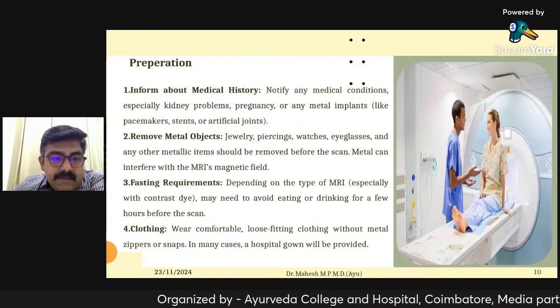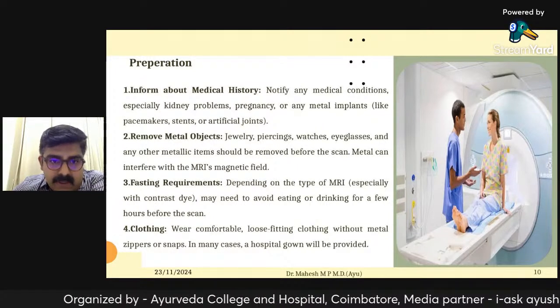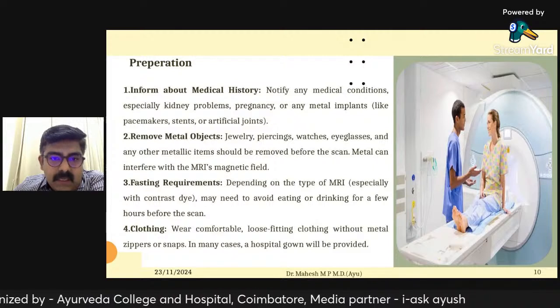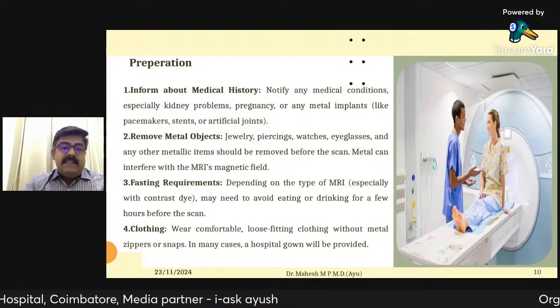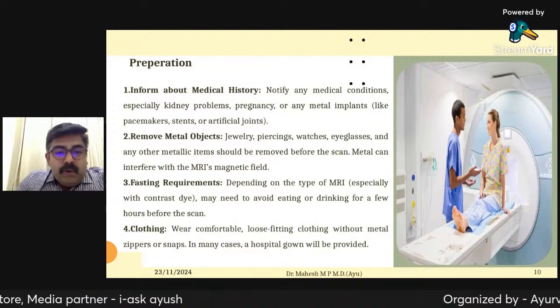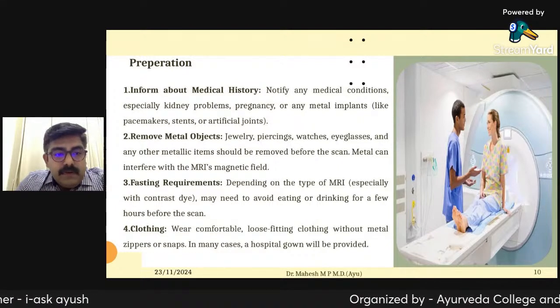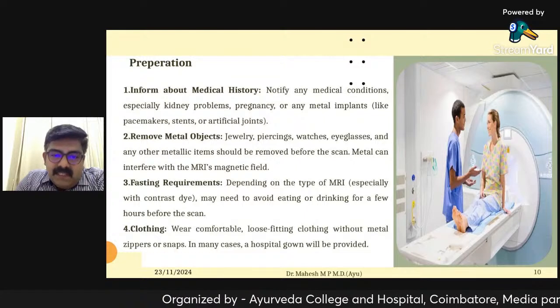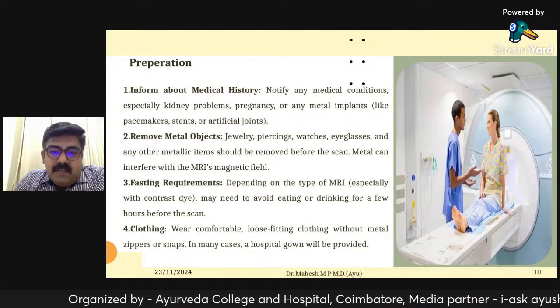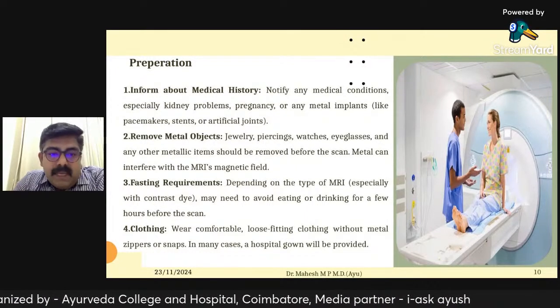Next, regarding the fasting requirements, depending upon the MRI, especially when contrast dye is used for clarity, the patient may need to avoid eating or drinking for a few hours, because the person is lying down and cough or aspiration should not happen.